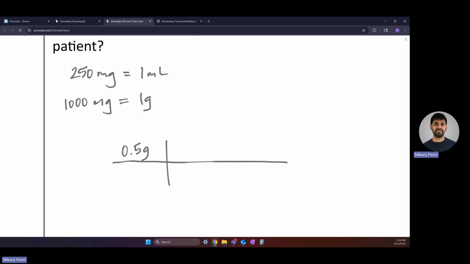There it is. 1 gram is the same thing as 1,000 milligrams. That takes care of the grams. And now, going from milligrams, we know that we have milligrams right here as well, so we could use this one. 250 milligrams would go down here, and 1 milliliter would go up here.